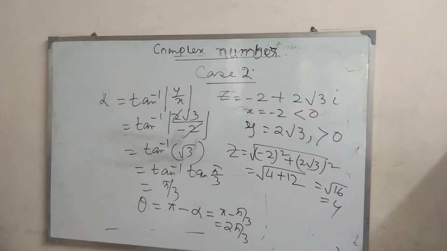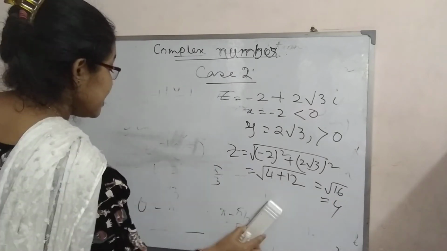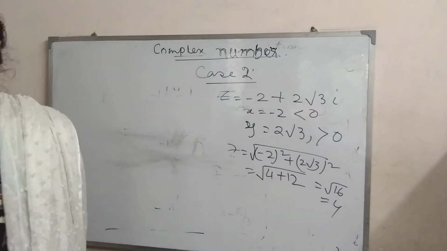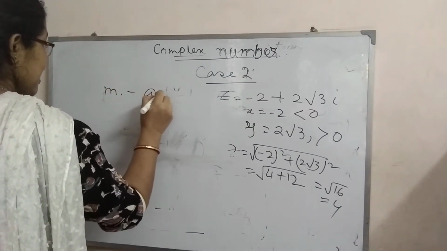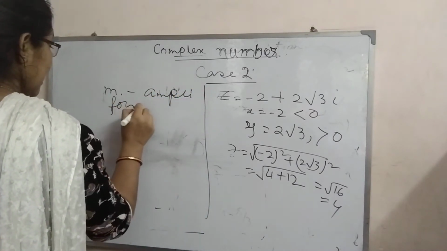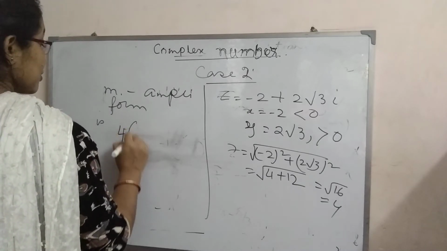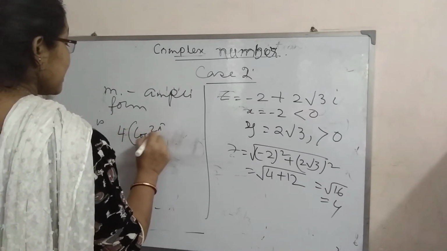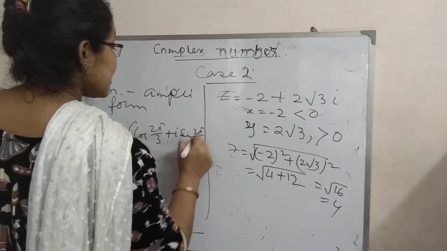The modulus amplitude form is 4 times cos 2 pi by 3 plus i sin 2 pi by 3.